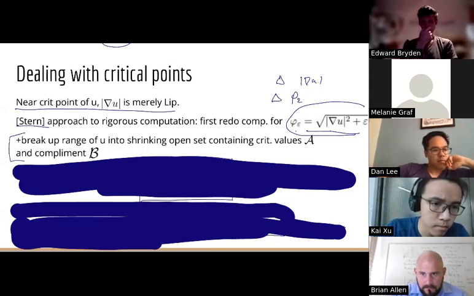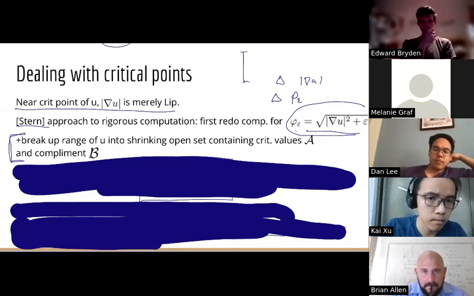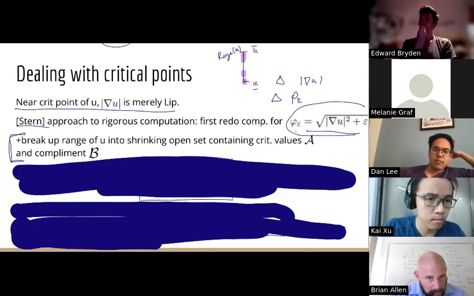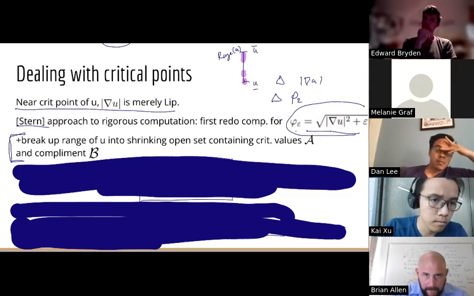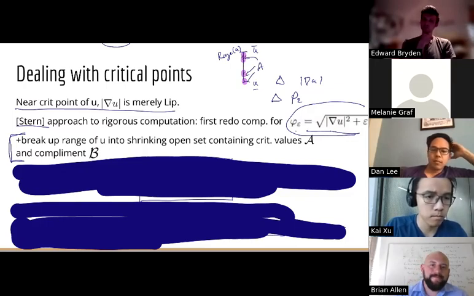And then, in order to help take the limit as epsilon goes to 0, you also break up the range of U. Here's U minimum, U maximum. You break that up into 2 pieces. One piece is called A, and that surrounds all the critical points.